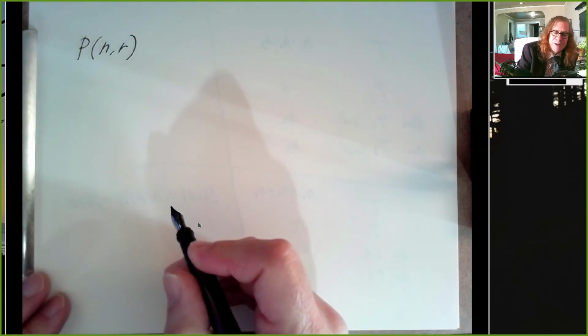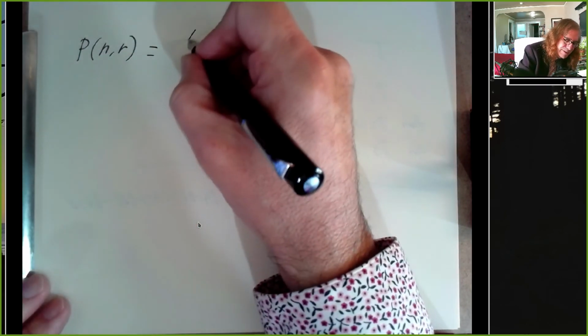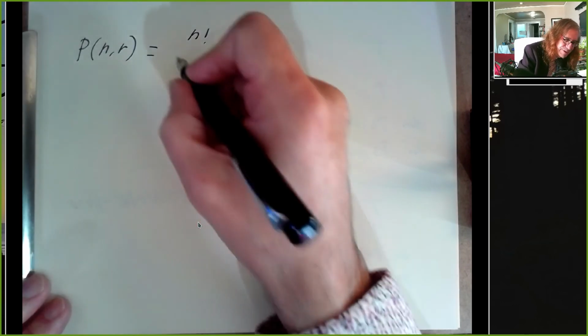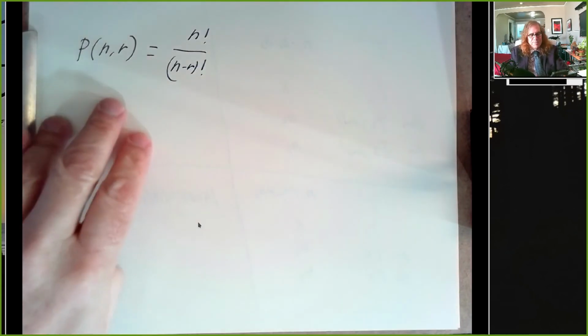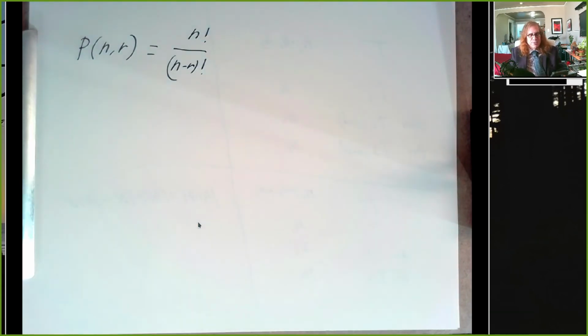n objects, and you want to take r objects out of that, right? It's n factorial over n minus r factorial. But you can get this directly from the product rule. It's just a shorthand notation. If you're picking r objects out of n, there's n ways you can choose the first object, n minus 1 ways to choose the second, n minus 2 ways to choose the third, and if you multiply all those out, you get n times n minus 1 times n minus 2 down to some point.